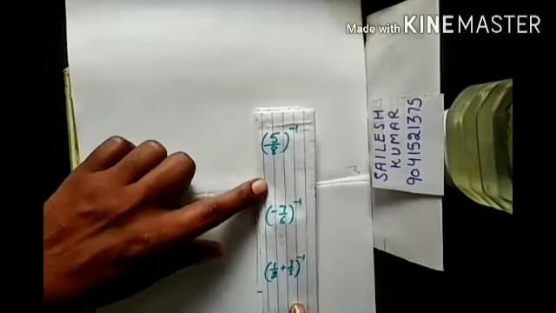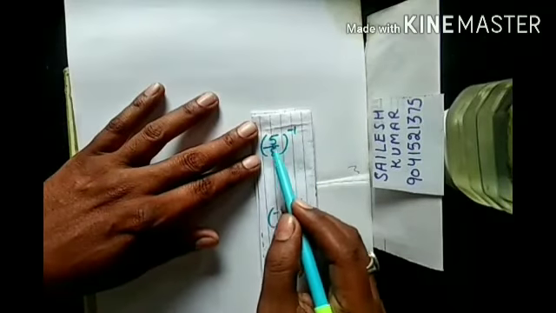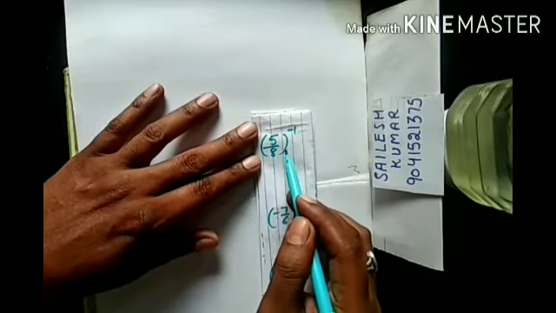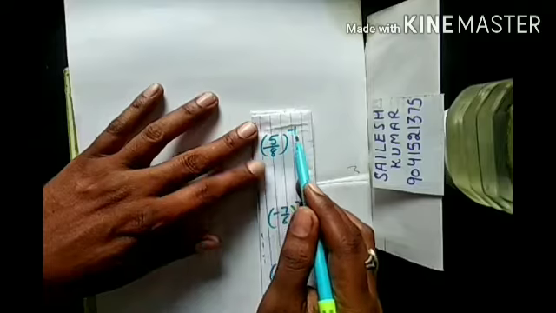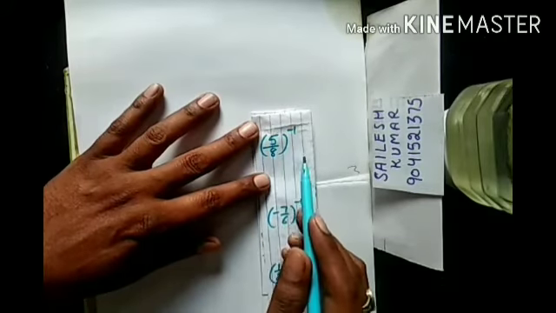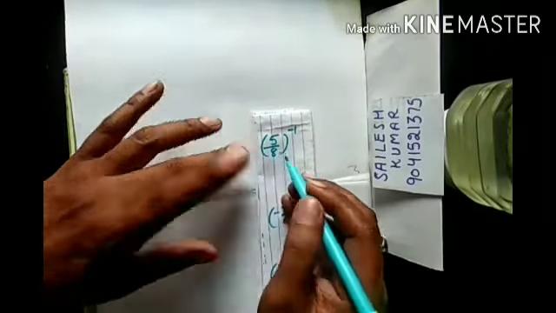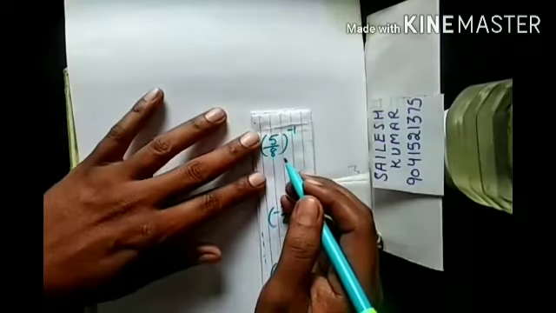Student, let me explain this thing. When a rational number is in a bracket and it has power minus 1, just like here, 5 by 8 bracketed and the power is minus 1, what does this mean? It means that we have to take the reciprocal of the rational number inside the bracket.